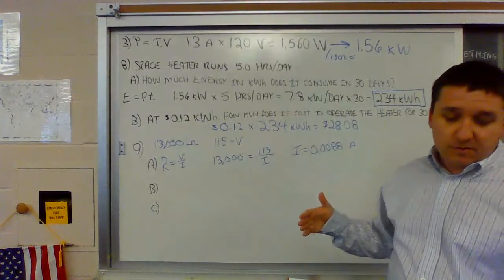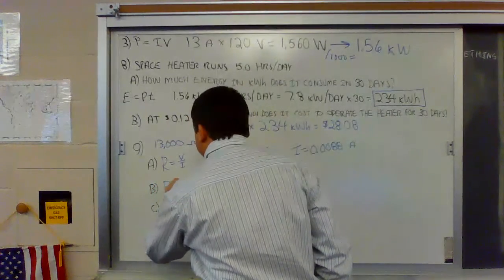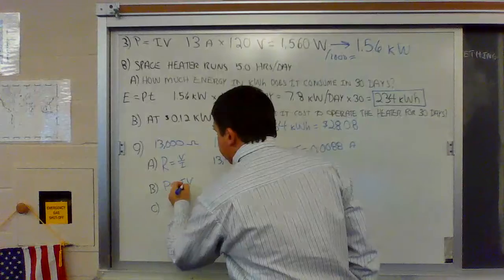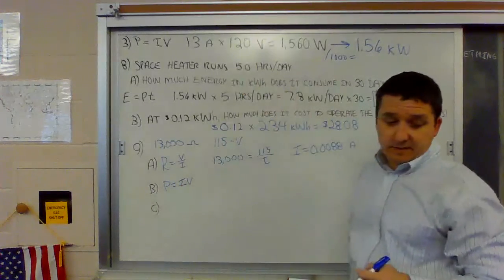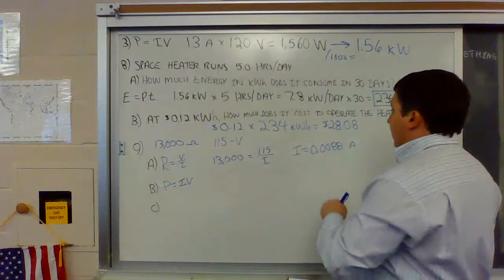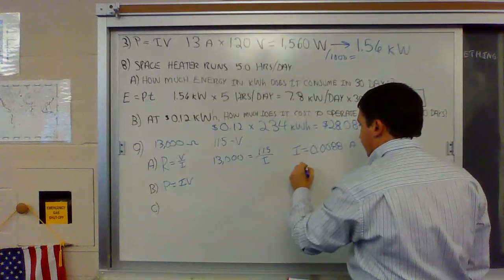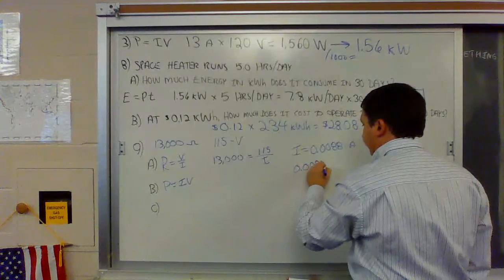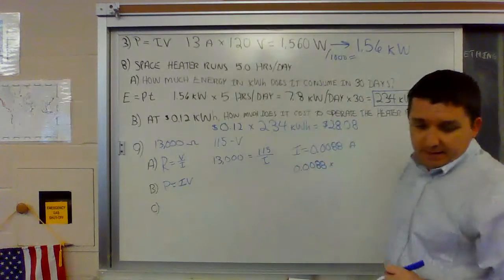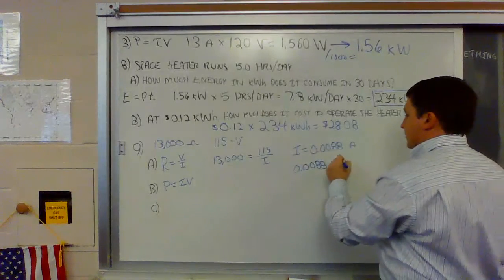We're going to end up using this equation here, P equals I times V, your basic power equation that I addressed in number 3 a little bit earlier. Now, we know the current is this, so take 0.0088, and we're going to multiply that by the voltage, which we also know is 115.